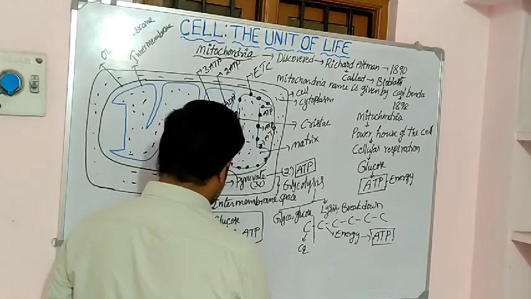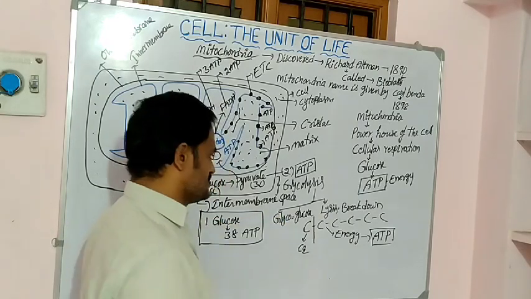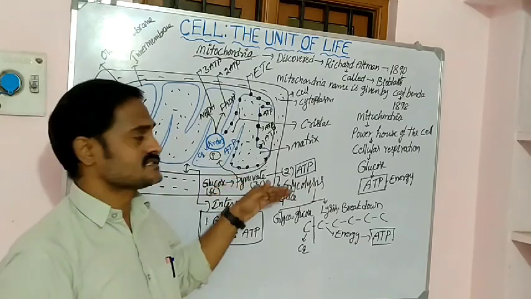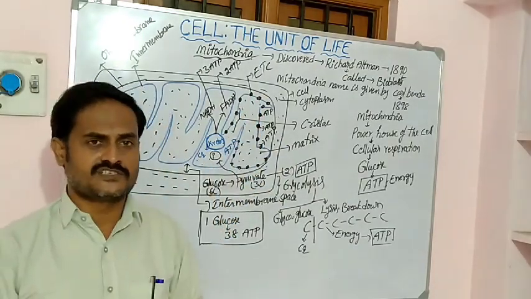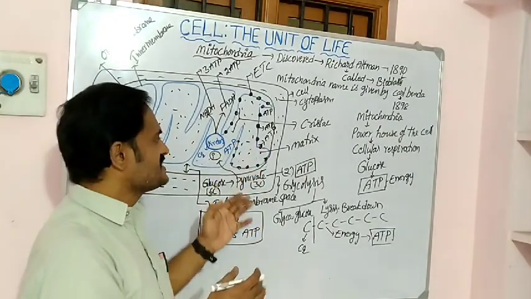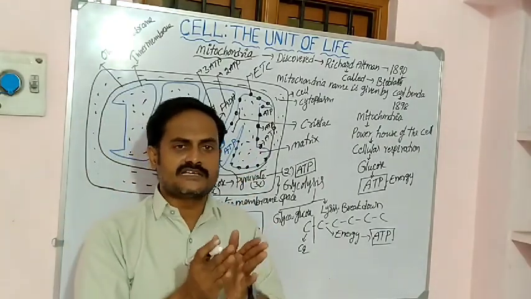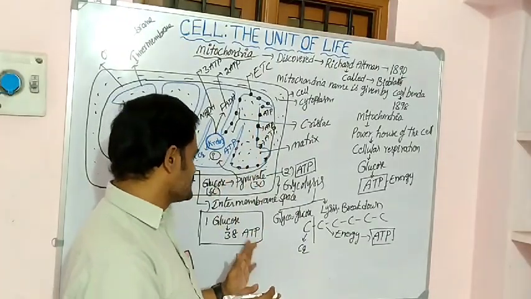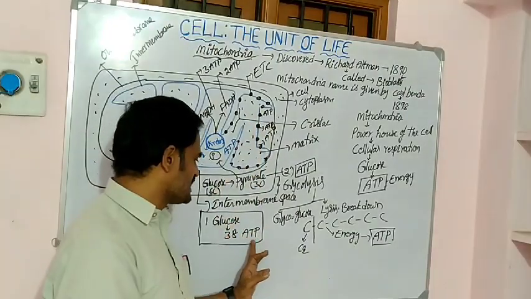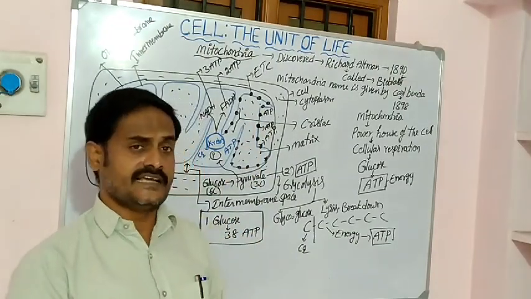After completion of the cellular respiration, either glycolysis, Krebs cycle, and also electron transport chain, these three stages together are called cellular respiration. Each glucose molecule is converted into 38 ATP molecules.